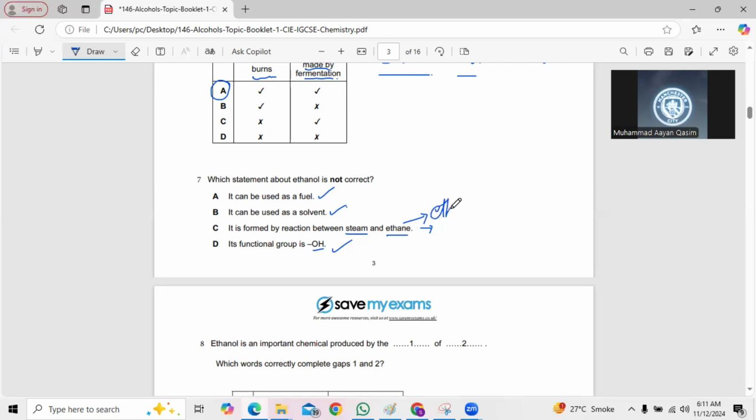Ethene, very good. So alkenes are basically used in the reaction with steam and it is going to form alcohol. Okay, we have already discussed this. So the answer would be C.